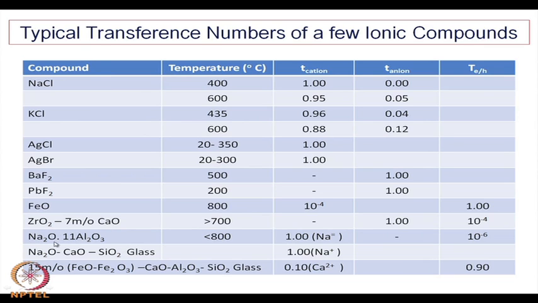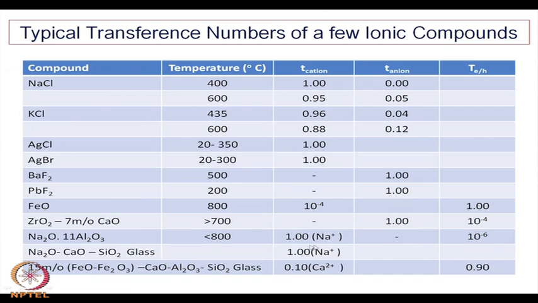We have mentioned silver beta alumina; this is sodium beta alumina, same thing, silver has been replaced by sodium, otherwise everything remains the same, the structure and the formula also. This is less than 800 degrees. In fact, even at 150 degrees they have a very good conductivity, and this is sodium ion.